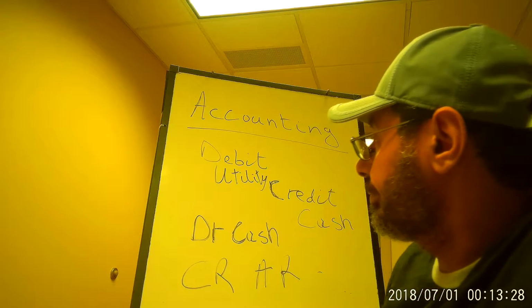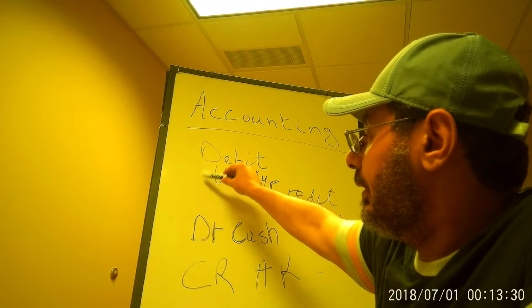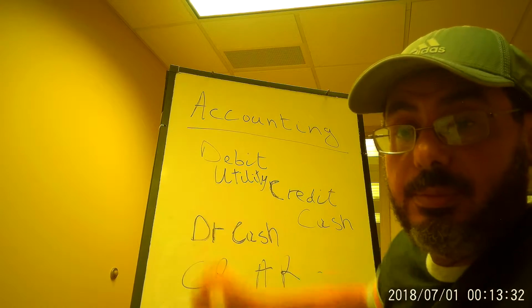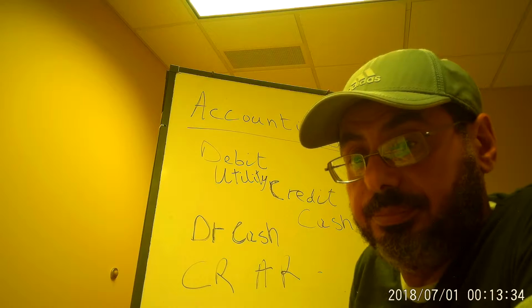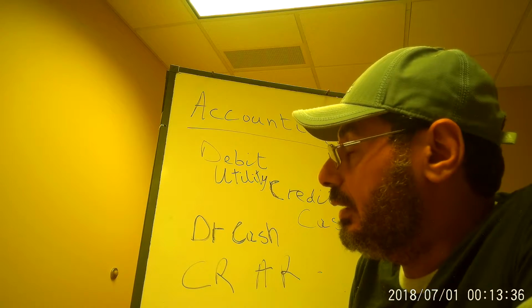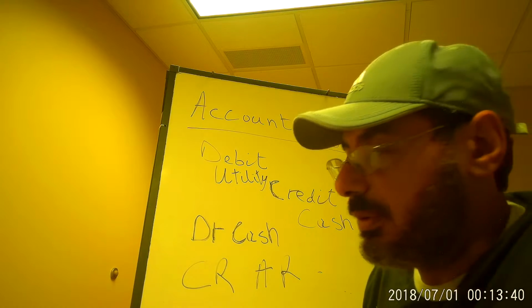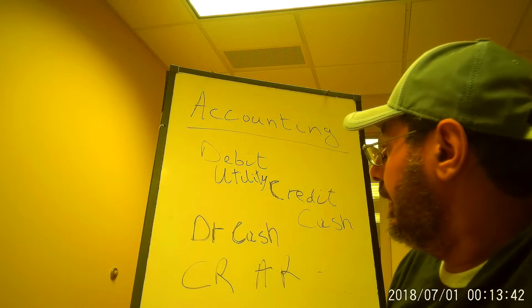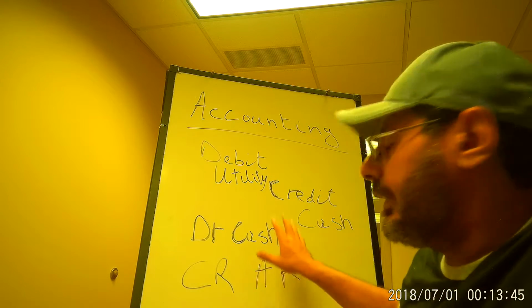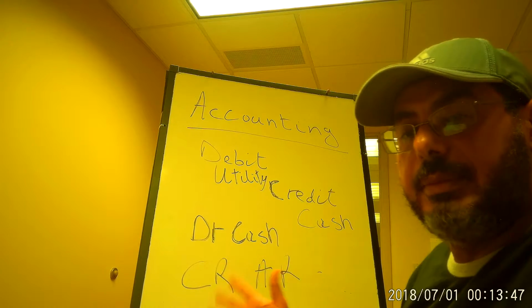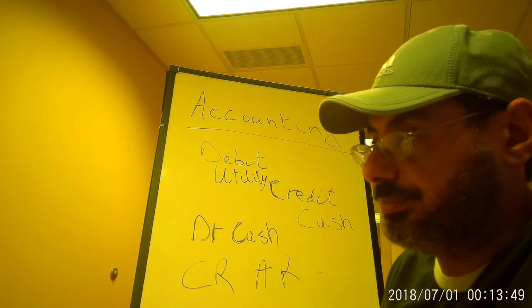So what is the difference between the two transactions? The difference between the two transactions, and again we're going to talk about it more later, is that first we're going to talk about the common thing between the two.